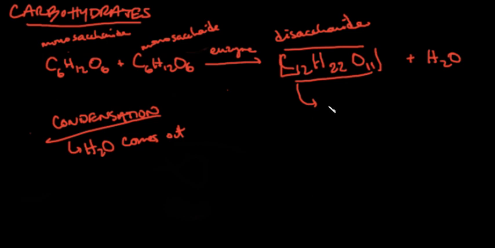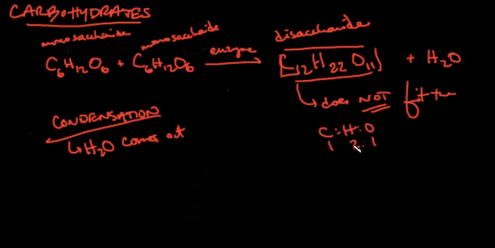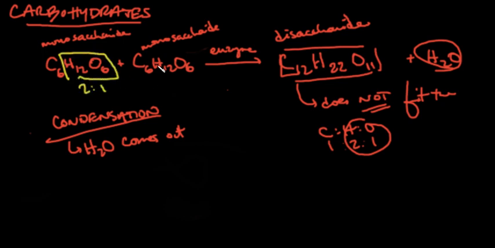And so what you notice is that it does not fit the carbon hydrogen oxygen ratio of 1:2:1 because water is removed, right? But what you should note is that your hydrogens and oxygens here have a 2:1 ratio, and they also have a 2:1 ratio here.